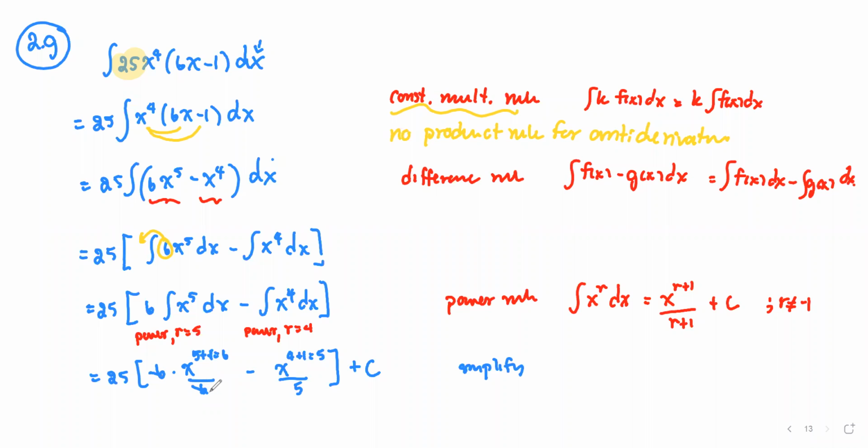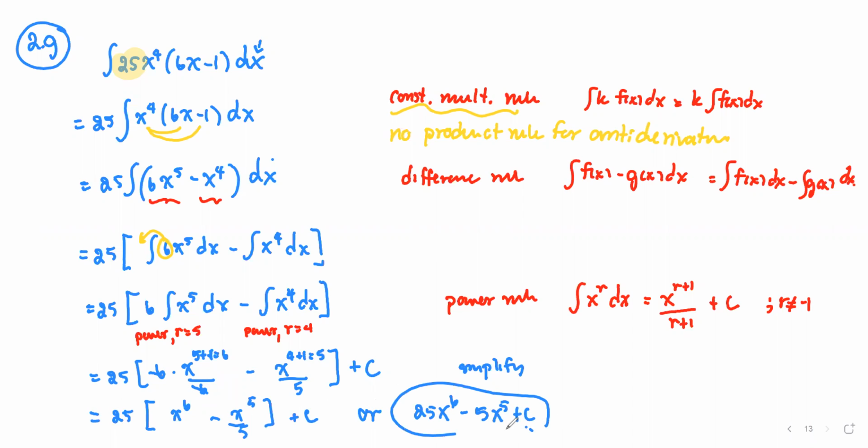Cancel 6 and 6 and multiply the 25 to both terms, or you can leave it as the coefficient 25 if you like, with x to the power 6 minus x to the power 5 over 5, plus C. Or you have 25x to the 6 minus 5x to the 5 plus C. Either one, they are equivalent.